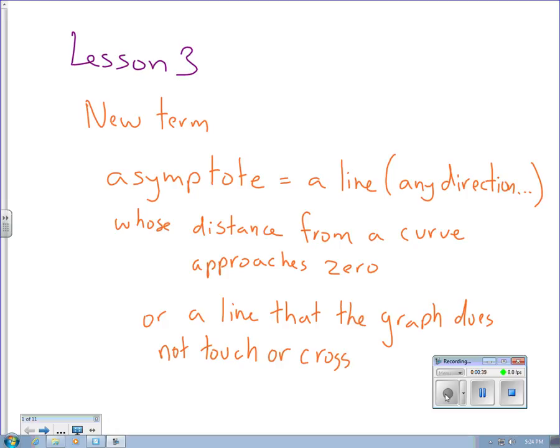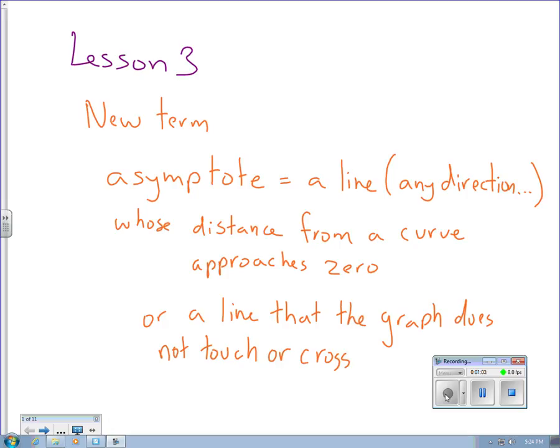New term. We want to look out for this in this lesson. It's not formally defined in our lesson notes, so I'll start with that. It's the term asymptotes, a line which can be really in any direction. In this class, it's primarily going to be a horizontal line or a vertical line. In calculus, it will be a line that is at a diagonal, and they're fun to find.